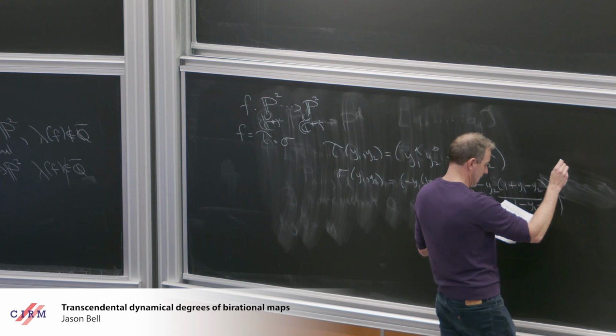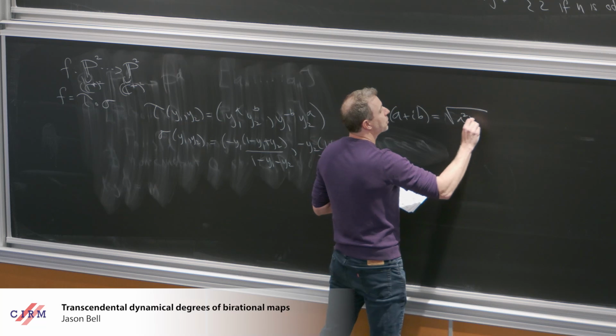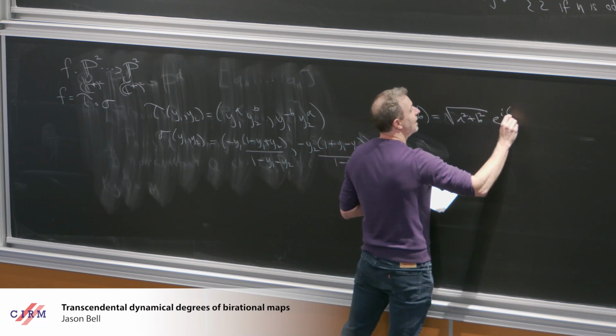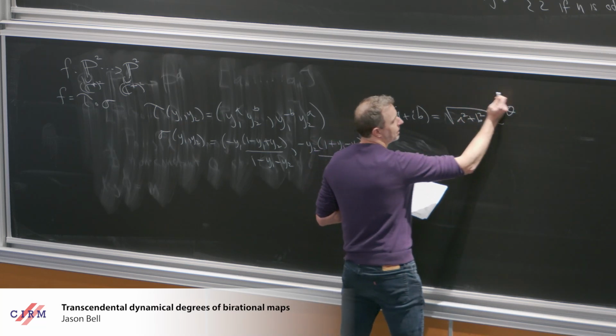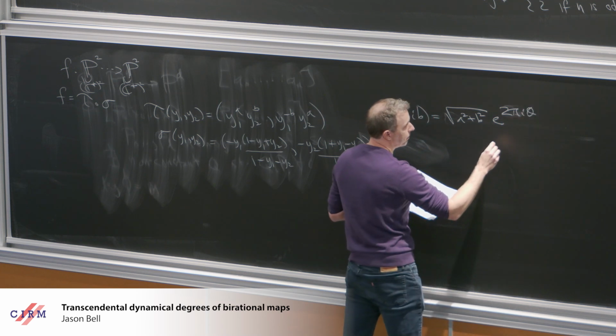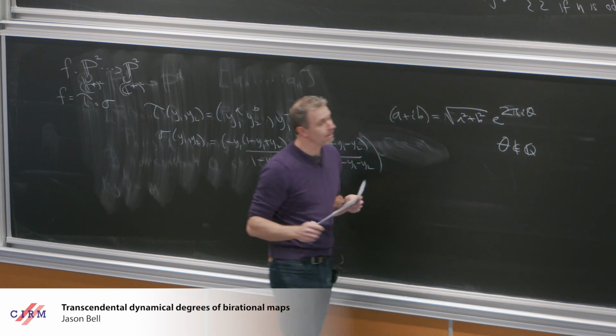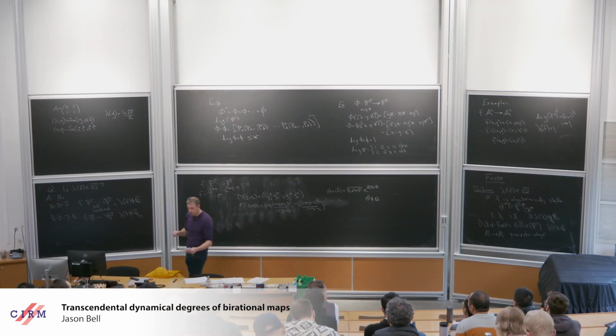So we need that if we take a plus ib, we can write this as root a squared plus b squared times e to the 2 pi i theta. And we want that theta is not a rational number. Okay? So those are the constraints we need.